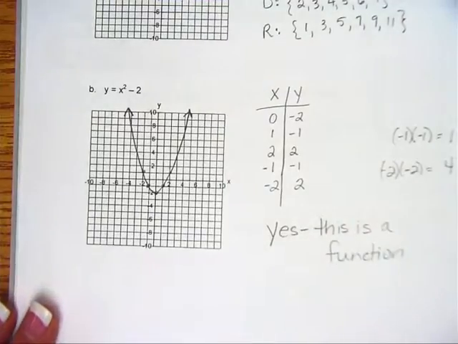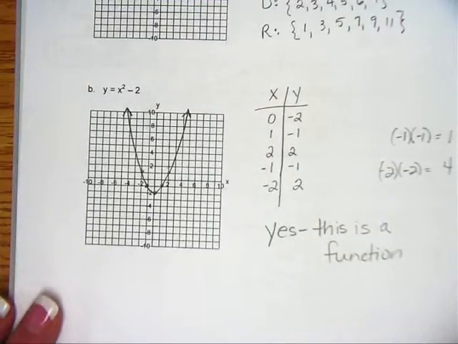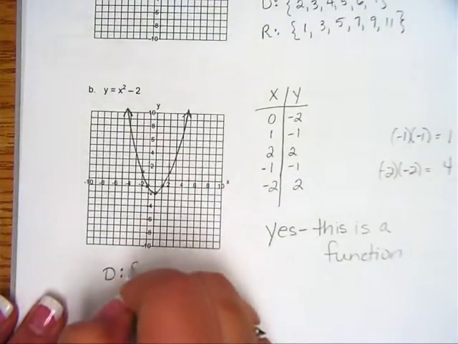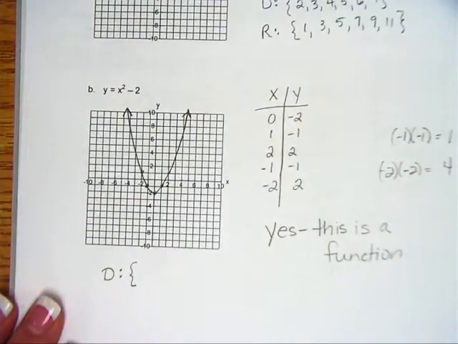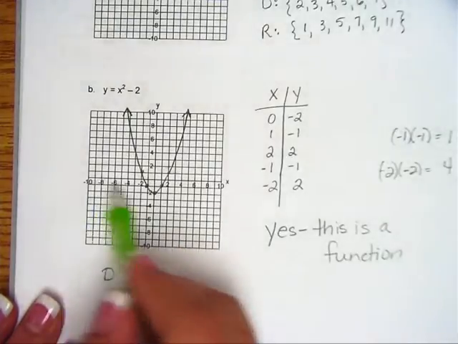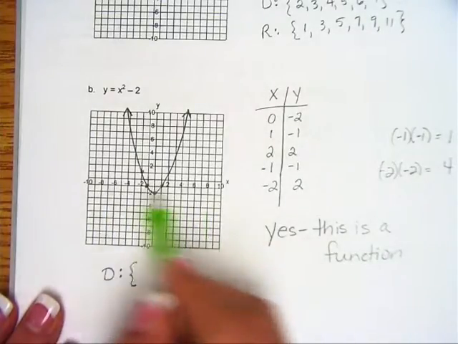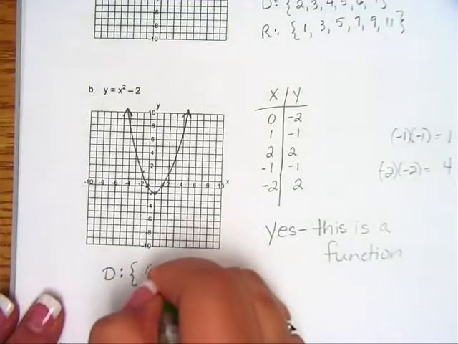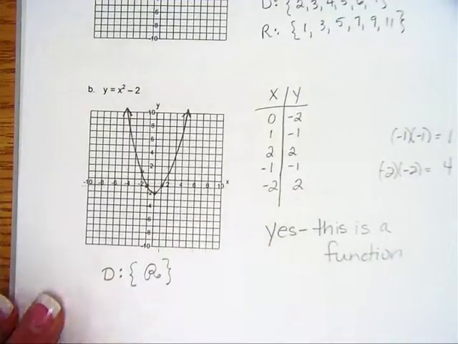Okay, this is going to be review from a couple of days ago, probably back Thursday. What is our domain for this one? All of our x values that are possible. And that's these. All right, yeah, it's all real numbers.